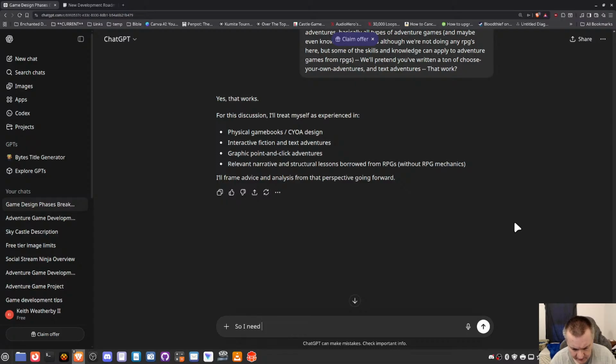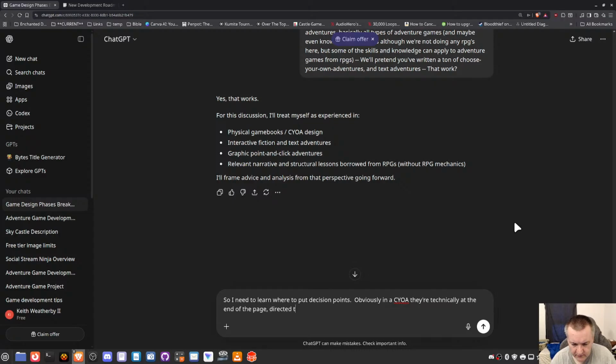So I need to learn where to put decision points. Obviously, in a CYOA, they're technically at the end of the page directed to another page.